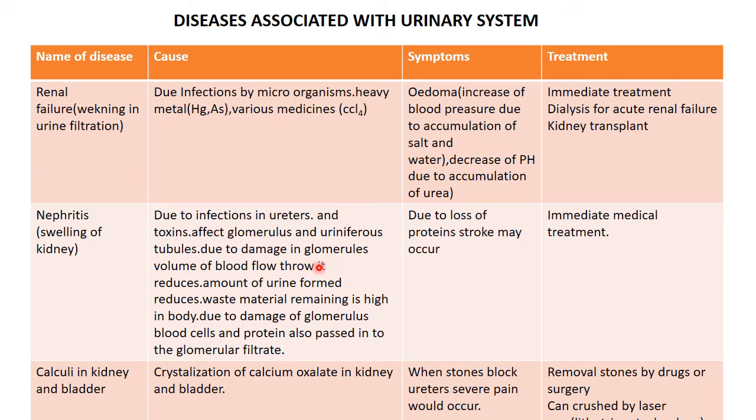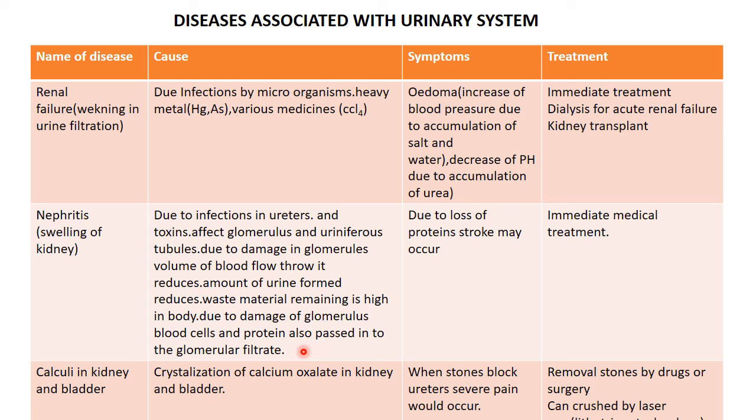Due to damage in the glomerulus, the volume of blood flow through it reduces, so the amount of urine formed reduces. Waste material remaining in the body is high because urine filtration happens in the glomerulus, which is very important.